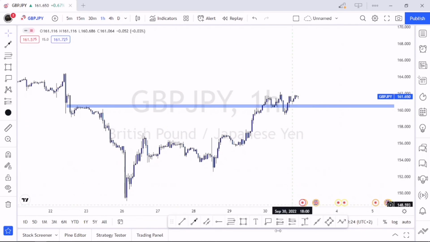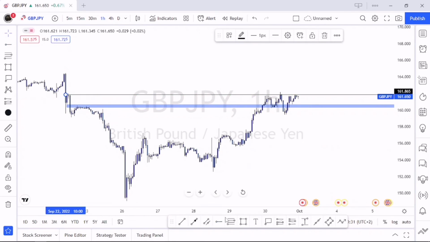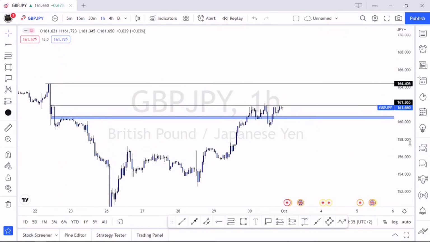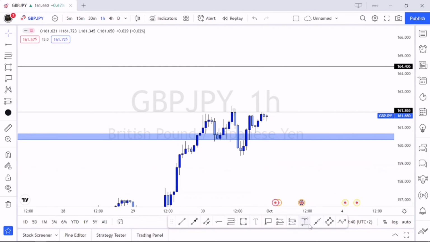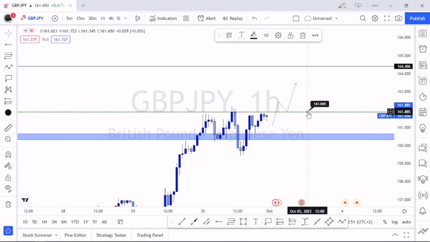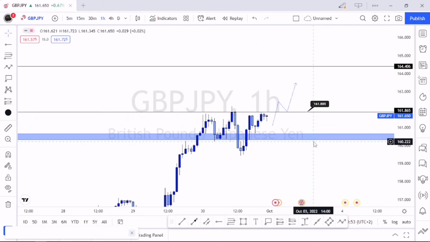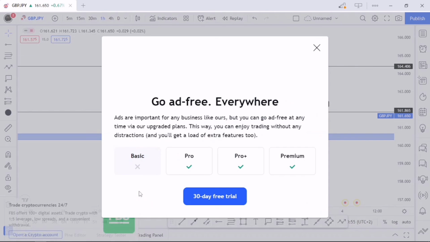Okay, so we can work with these levels right here. You can see the market reacted at this very key level, and what I'd like the market to do rather, going into next week, is start that breakout, retest, continuation back up. So I will be looking for the break of this level right here, 61.885.